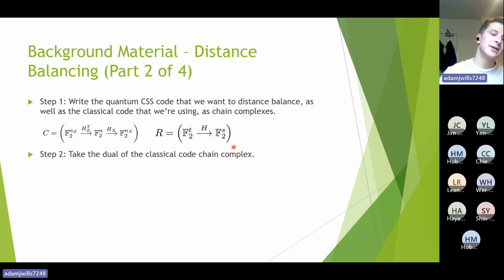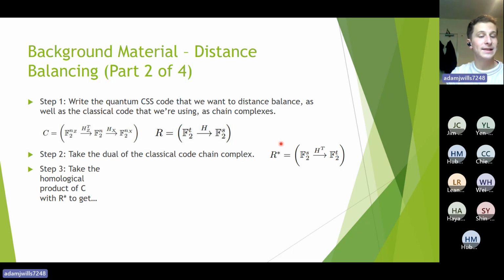The second step is to write the dual of the classical code chain complex. The dual is a simple homological operation where you take your chain complex, reverse the order of the spaces, and then take the dual of all the linear maps. So in this case, where we have an explicit parity check matrix H, the dual will be instantiated by the transpose. So the dual of H is very simple in this case, it's just that.